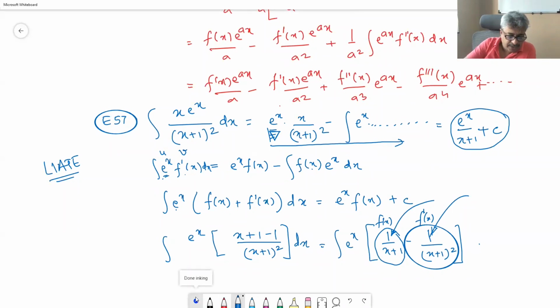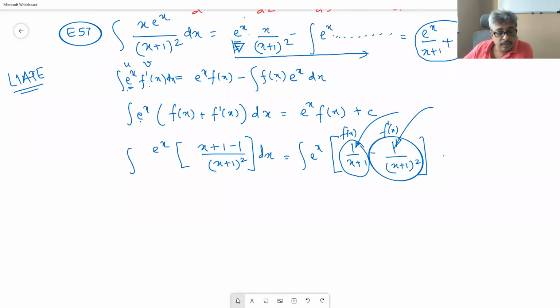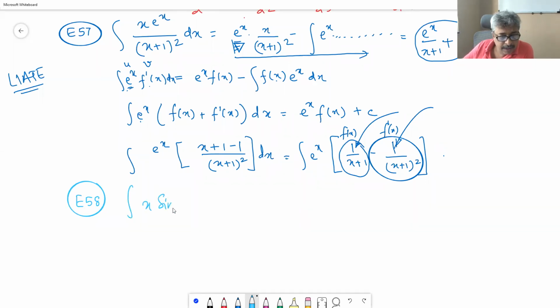Let us see if we have some similar problems for this. E58: integral x sin x cos x dx. Correct.